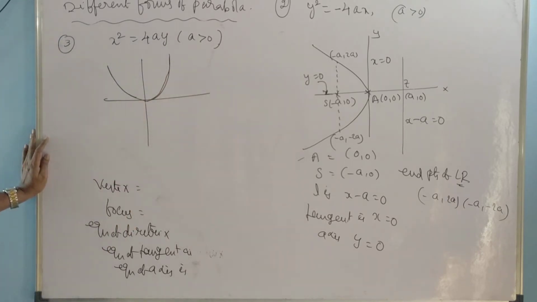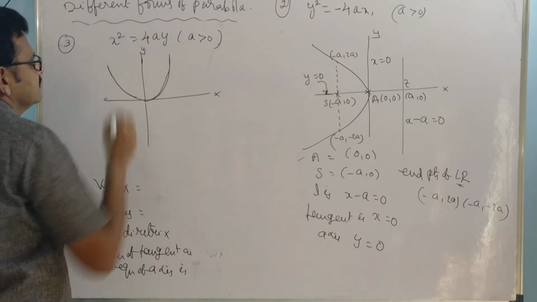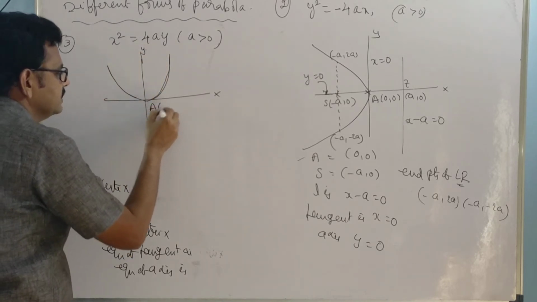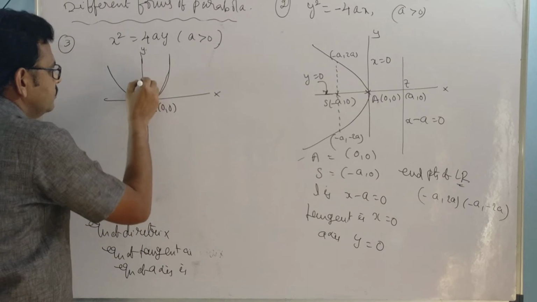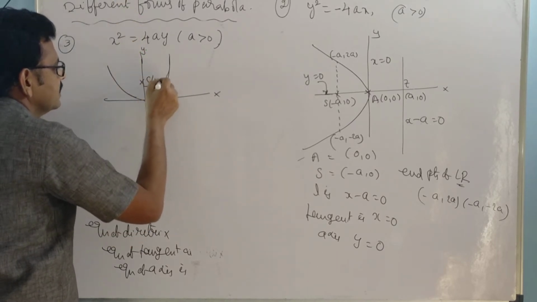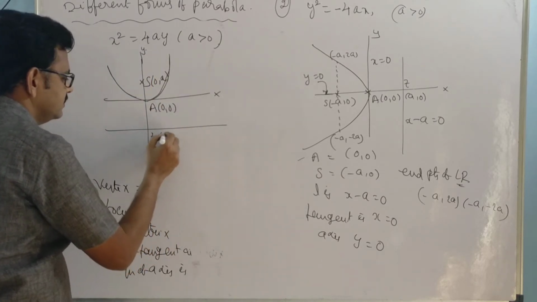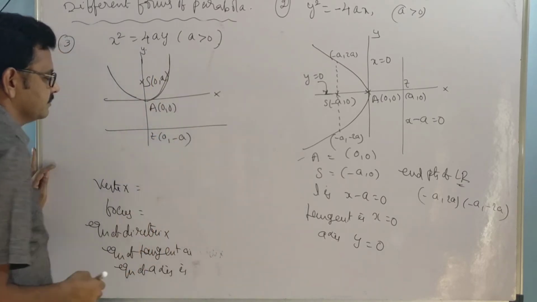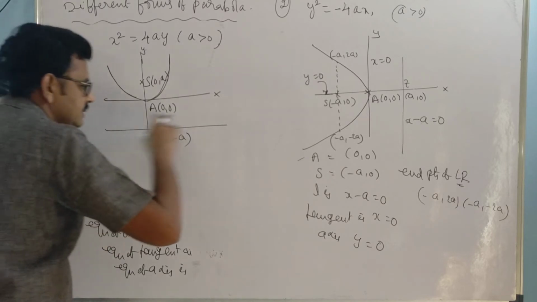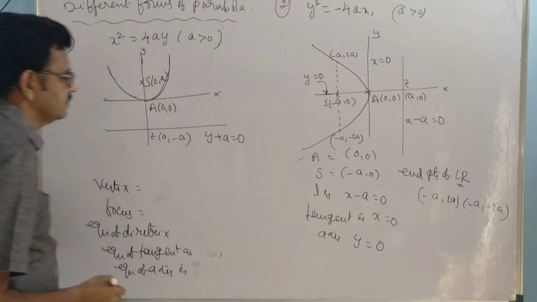So, this is the x-axis and this is the y-axis. Vertex of parabola is (0, 0). Focus lies on the y-axis on the positive side, so this is (0, a). And the directrix is at (0, -a). Equation of directrix y equal to minus a, that is y plus a equal to 0.